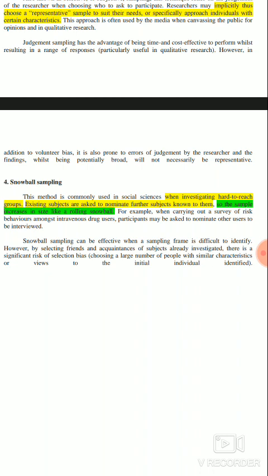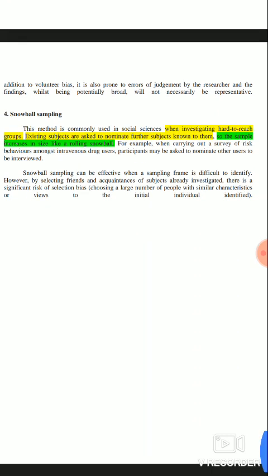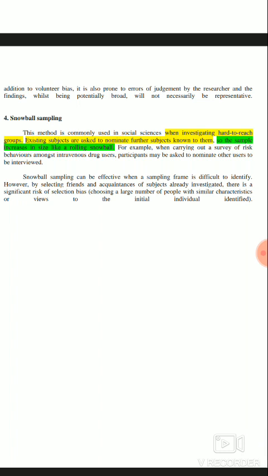The first coin influences the remaining coins to fall. Like that, a researcher chooses the first person as a sample. That first person influences others to collect or get more samples, which is called a snowball sample.